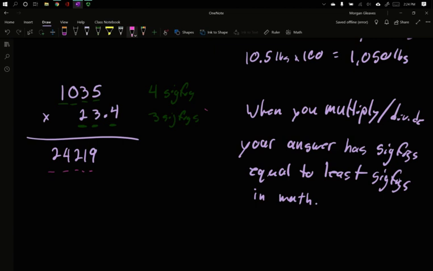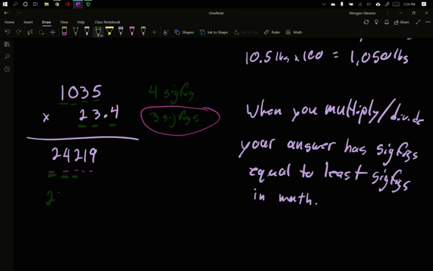I have to go and look up here and say, well, one of my values wasn't all that accurate. Right? It only had 3 sig figs. As a result, when I scale it up, there could have been a little extra weight or a little bit less. And as I scaled that up by 1,000 some times, it could throw off my final answer. So I'm not allowed to keep all of these values at the end. I have to round. And so I say, I'm only allowed to keep 3 of them.